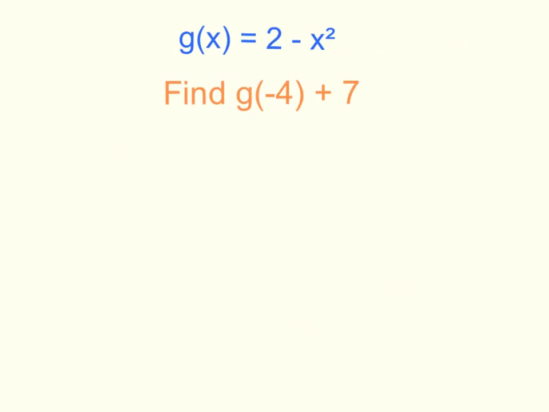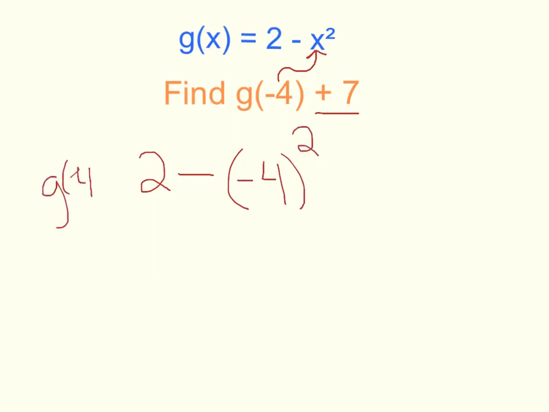Okay, here's our last example using function notation. Find g of negative 4, so plug in negative 4 for x, and then plus 7 you'll just add at the end. So 2 minus negative 4 squared, that's going to give us g of negative 4.